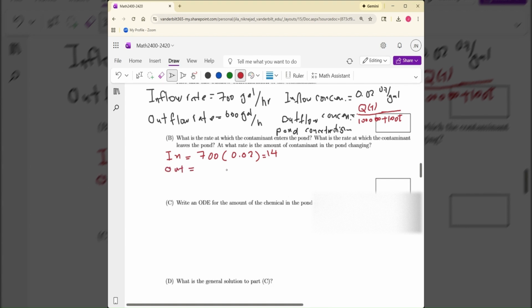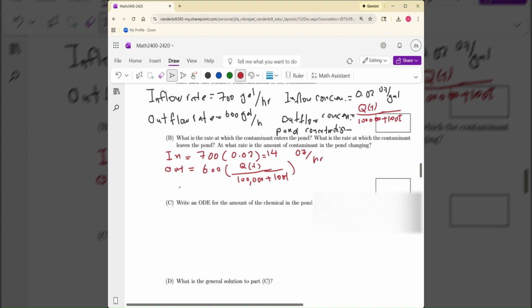Out is going to be the outflow, which is 600, times the concentration, which is Q of T divided by 100,000 plus 100T. And both of these are going to be ounces per hour.